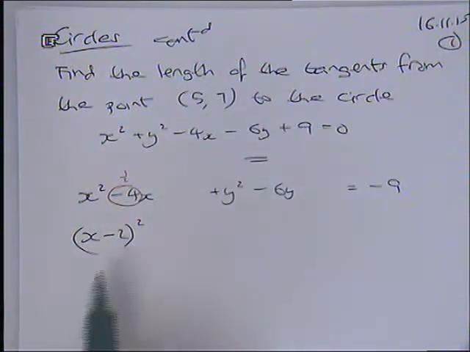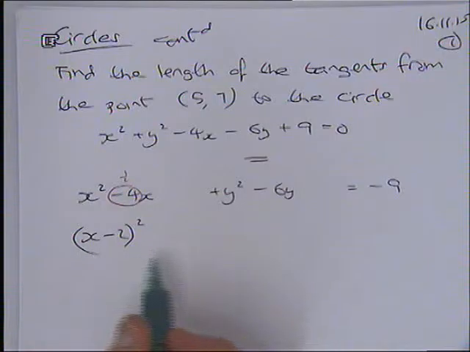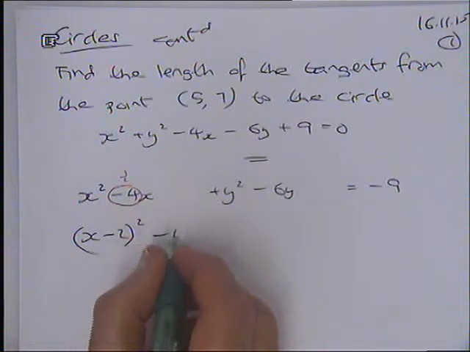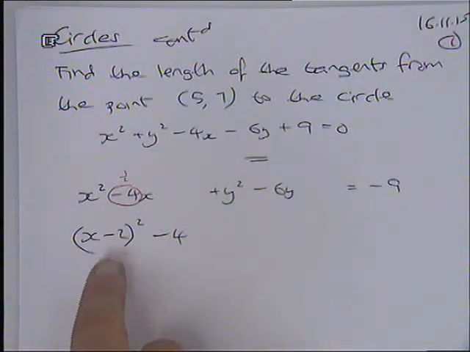But if you multiply that out, what will we have that we don't want? We would have a plus 4. So what we need to do is to put a minus 4 in to get rid of it. The minus 2 times the minus 2 would be a plus 4. We need to get rid of it straight away.